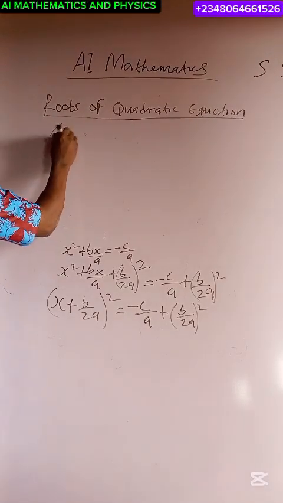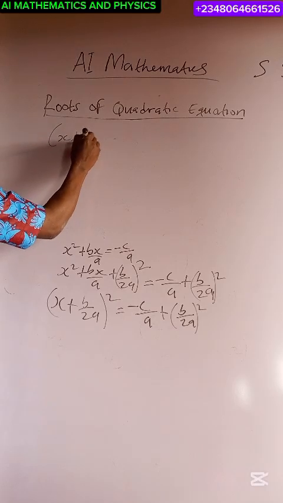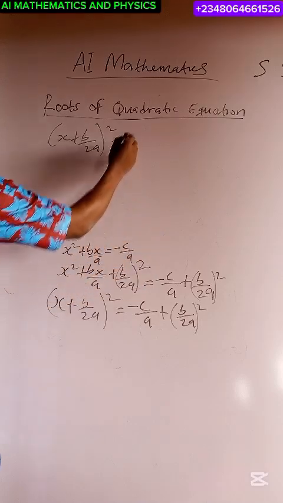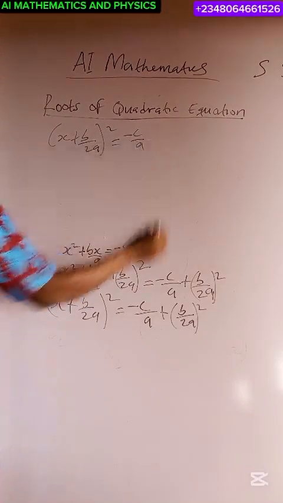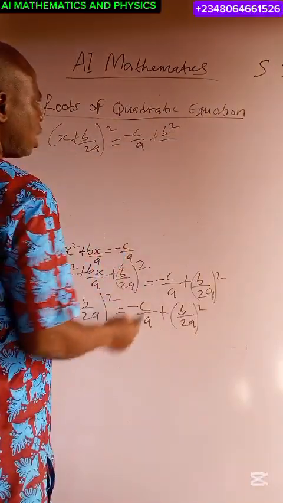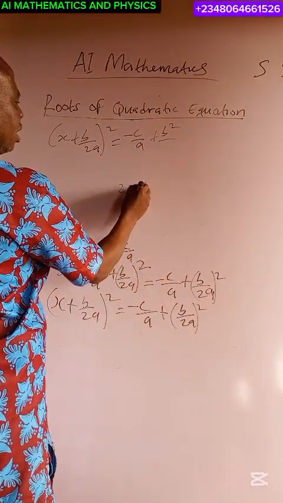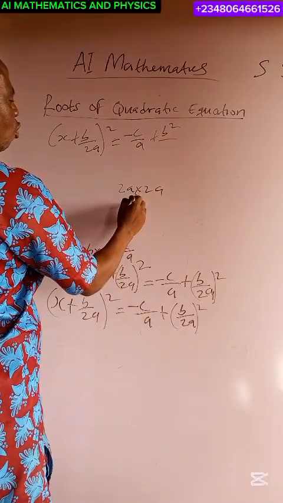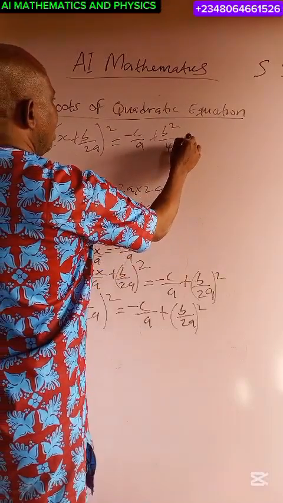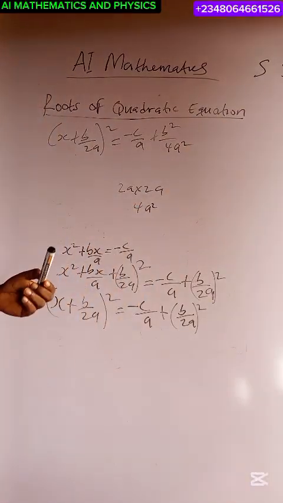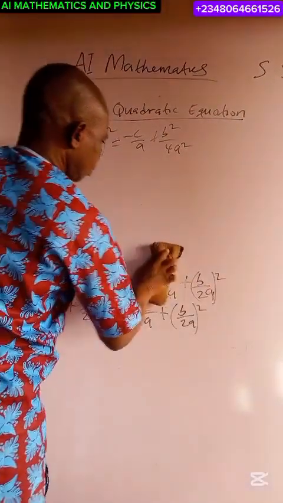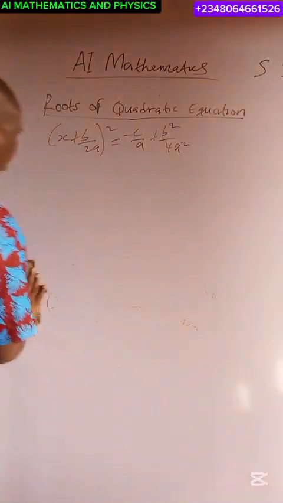This is x plus b over 2a, squared, equal to, you know, this one is minus c over a, plus b squared over 2a squared, and 2a squared is 2a times 2a. 2 times 2 is 4, a times a is a squared, which means 4a squared.